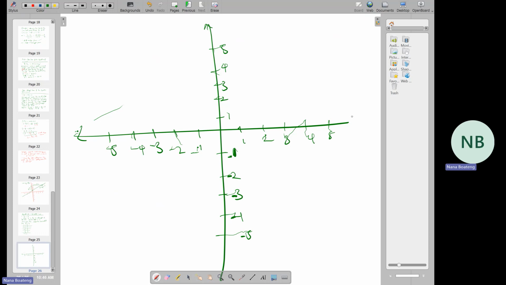Let's look at the equation of a vertical line. A vertical line is given by the equation of the form x is equal to a, where a is the x-intercept.